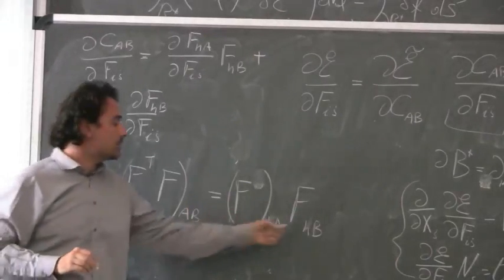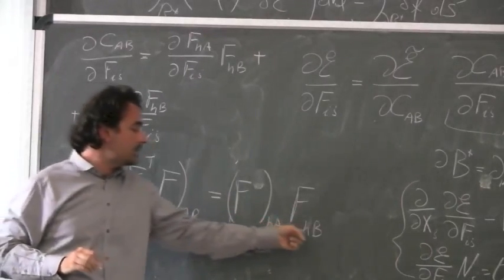We have done the derivative of this multiplied by this, plus this multiplied by the derivative of this.